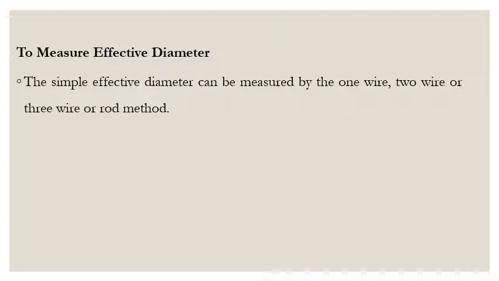It can be defined as the point on a flank surface at which the two screw threads are mating in a complete manner. This effective diameter can be measured by the one wire method, two wire method, or three wire or rod method.